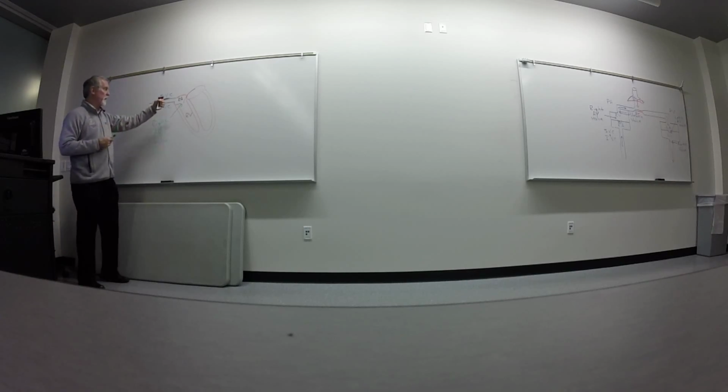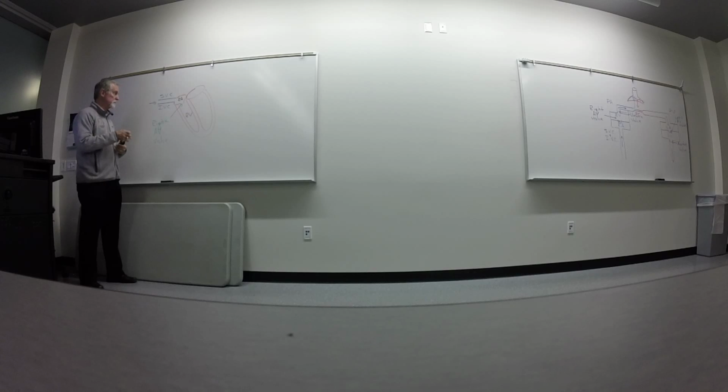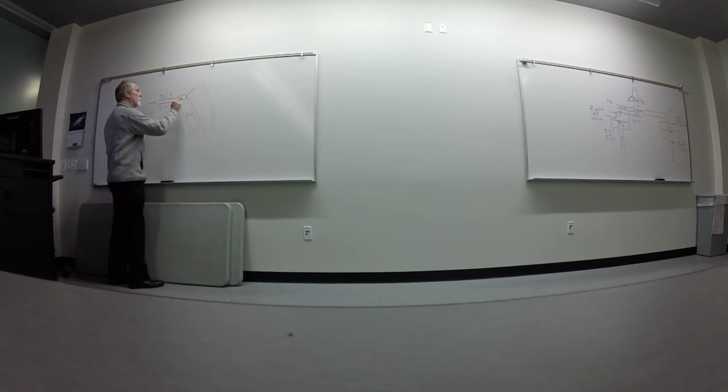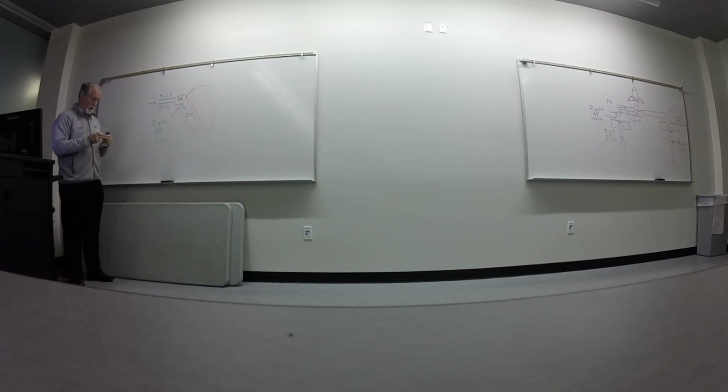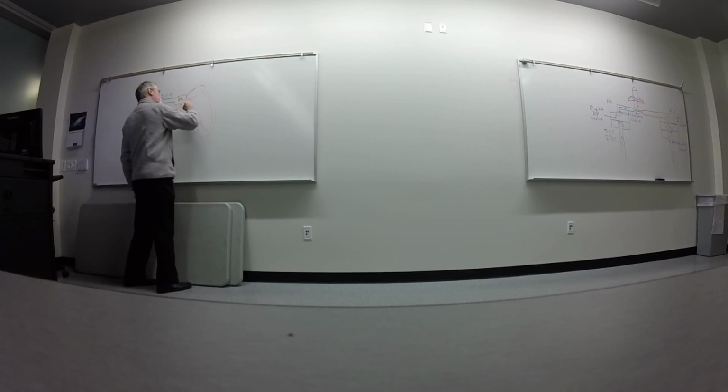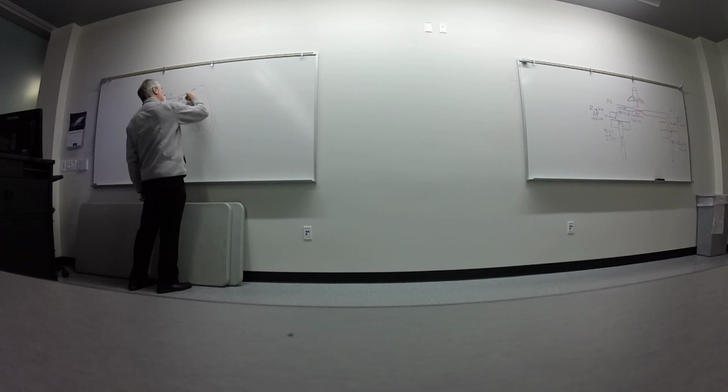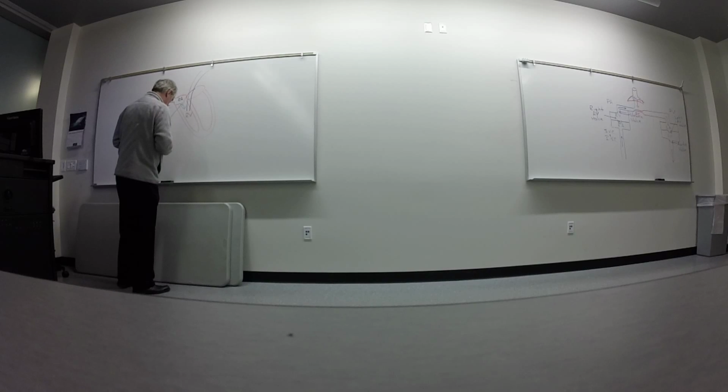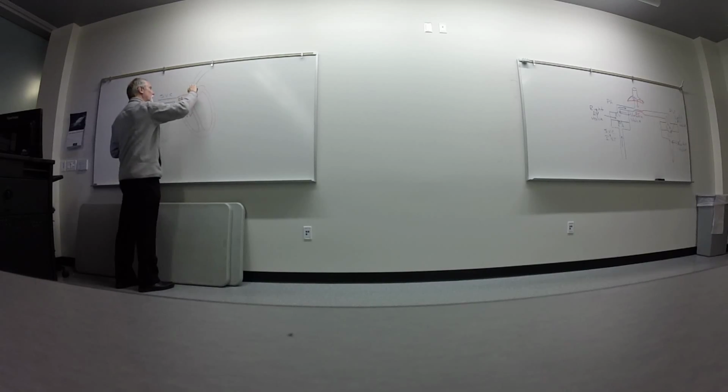So here's blood coming into the right ventricle. The blood is then pumped via the pulmonary artery to the lungs.